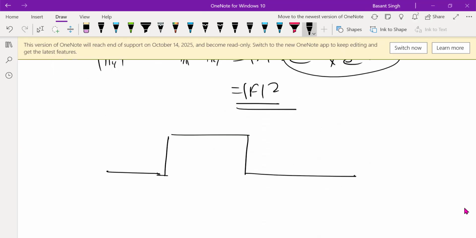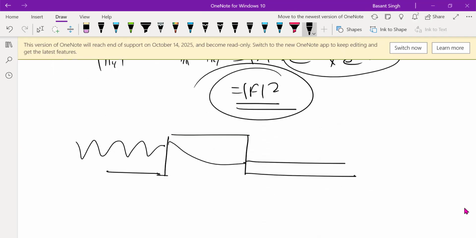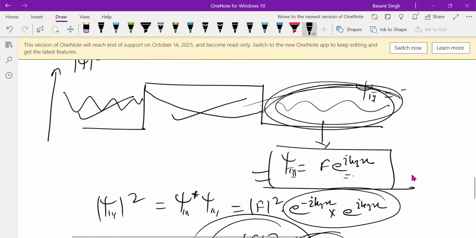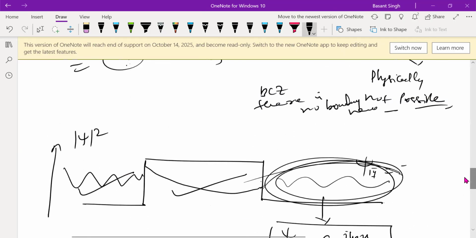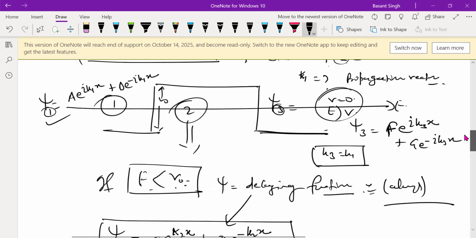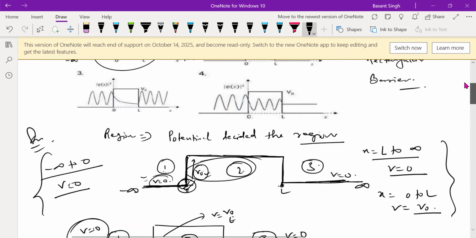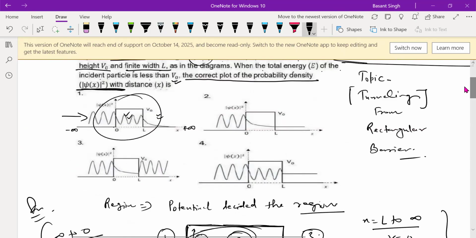So the correct diagram is that this is oscillatory, this is decaying, and this becomes a straight line, because this is not a function of x here. Okay, so our answer is the second option, that is correct here.